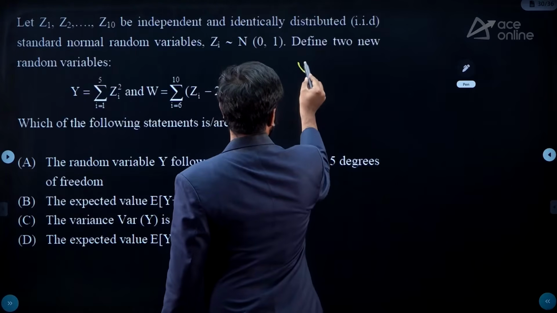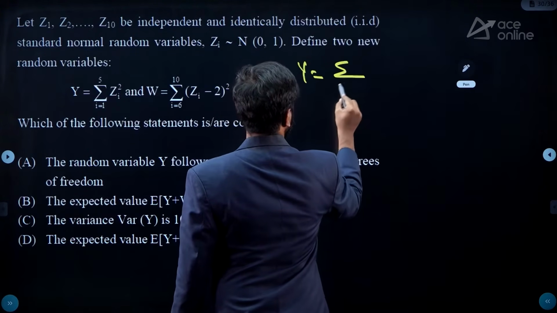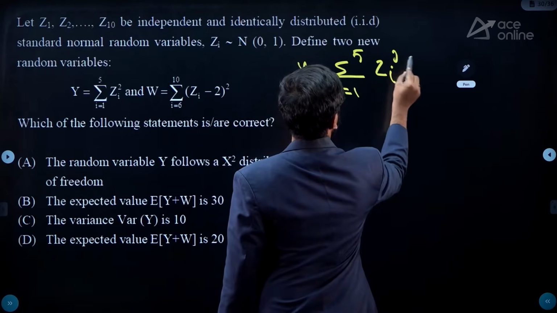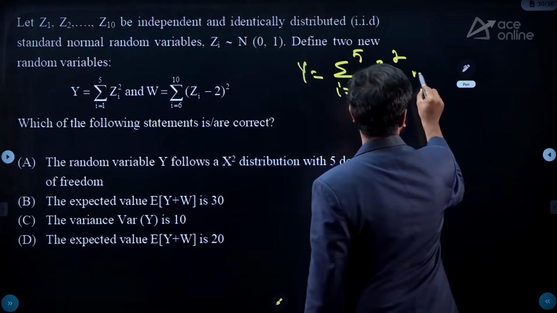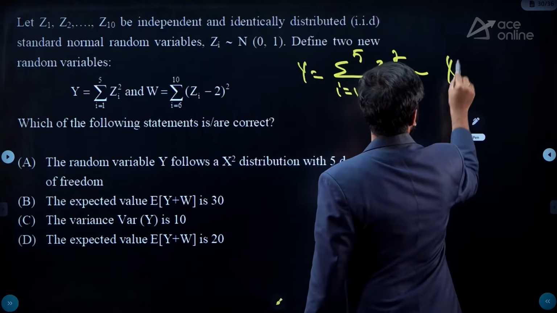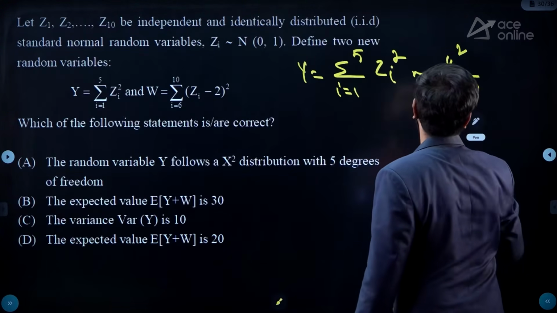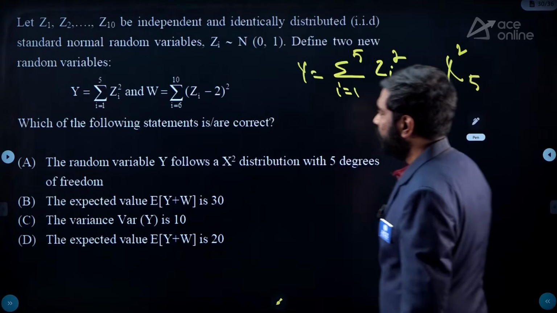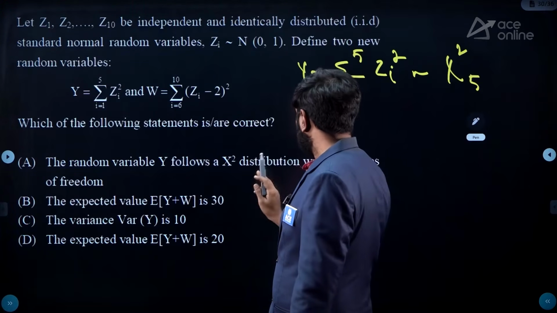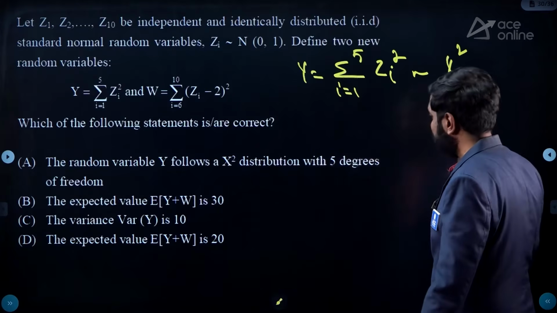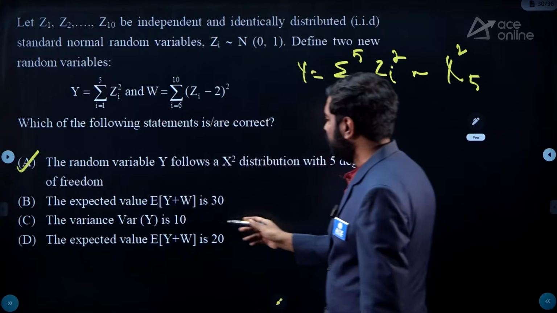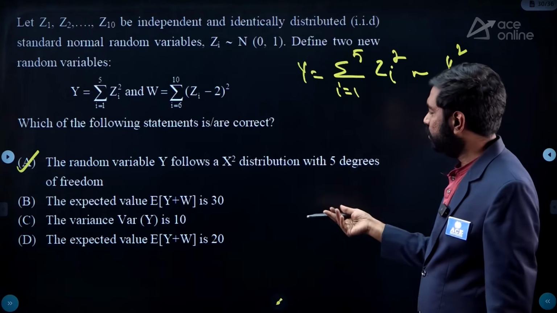So when I look at this expression, summation i from 1 to 5 zi square, this is chi-square n, where n is 5, it's a chi-square n random variable. So he also says the random variable y follows chi-square distribution with 5 degrees of freedom. Yes, this is true. The expected value of y plus w is 30.